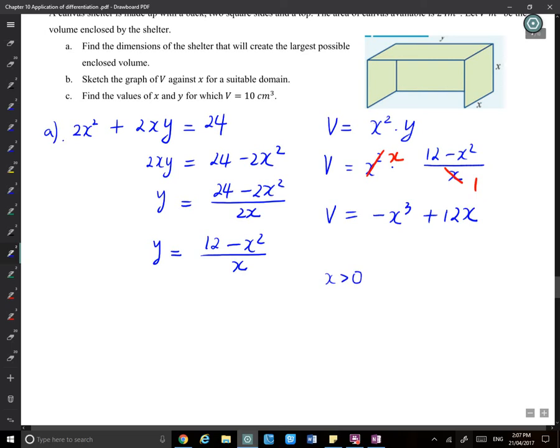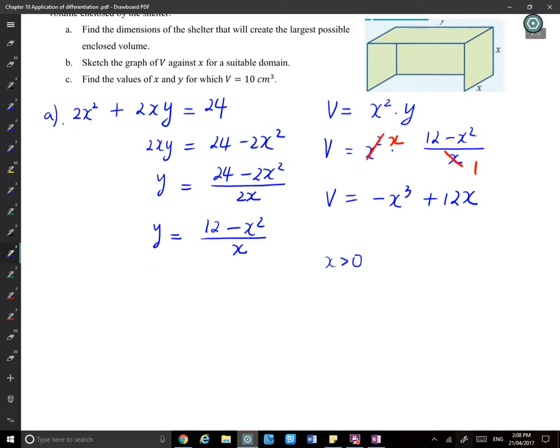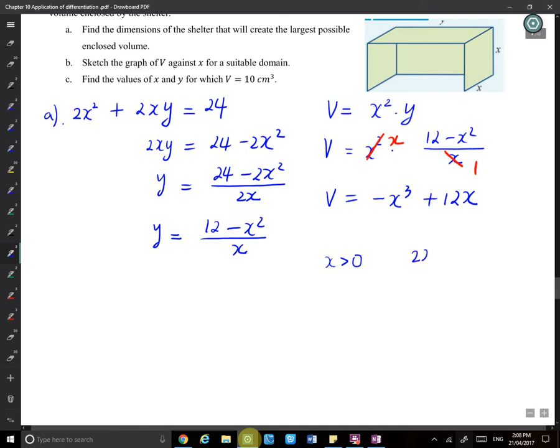Then can X be too large? Why not? Because the surface area is fixed, so you can't make it too large. So what is too large? Let's say 2x squared.